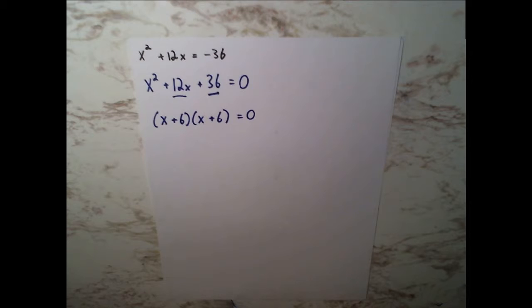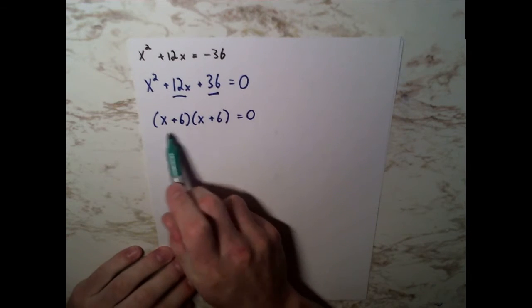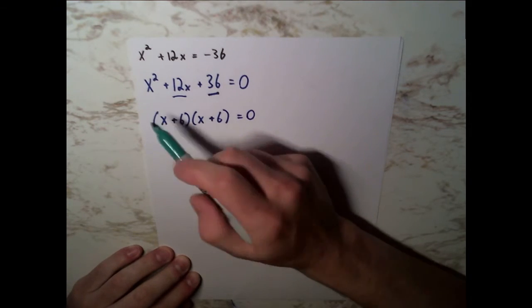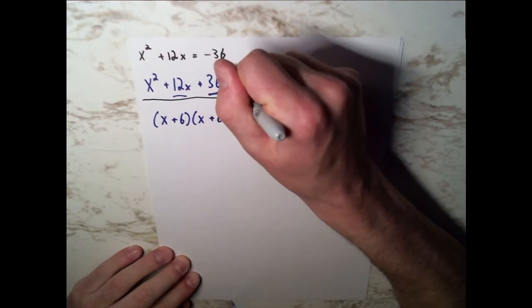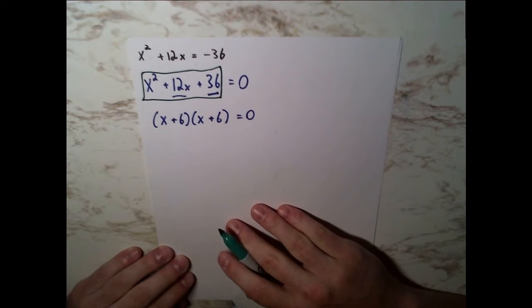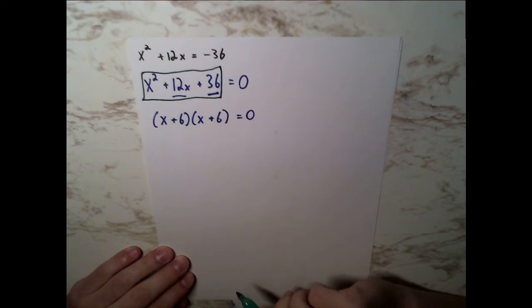When you're first doing these, it's a really good idea to go ahead and FOIL this back out and make sure that you end up with this original quadratic right up here, just to make sure that you didn't make any mistakes when you were factoring.